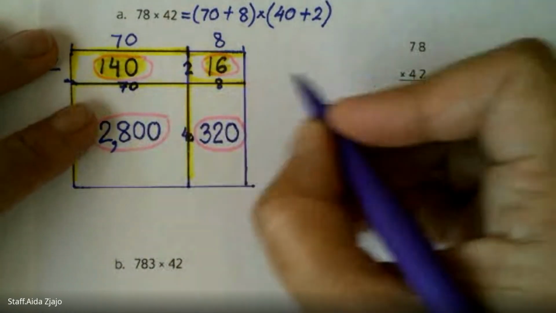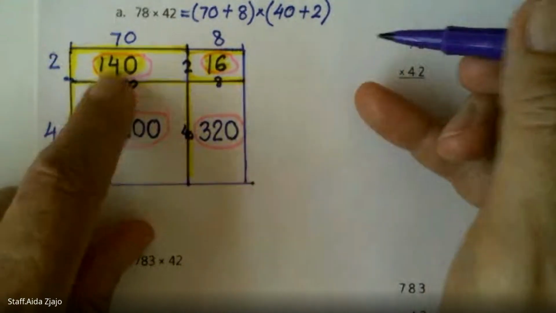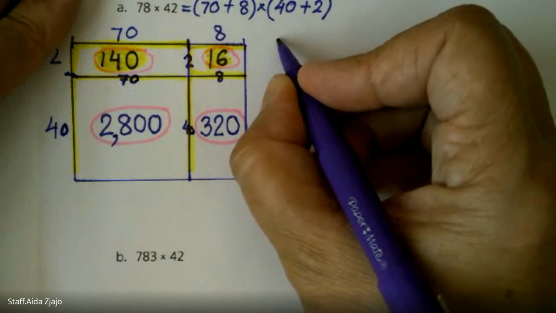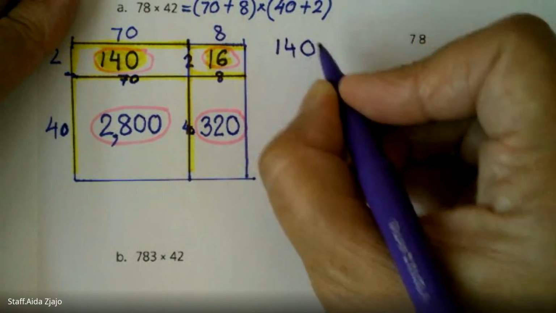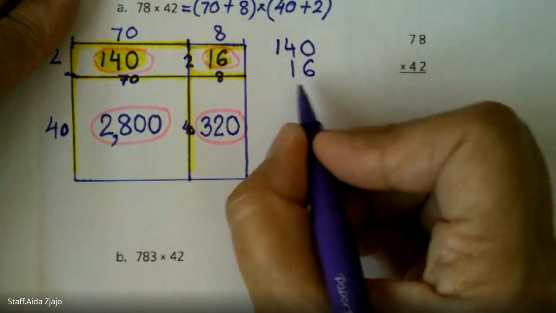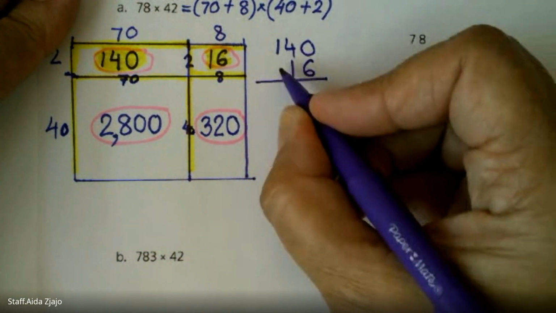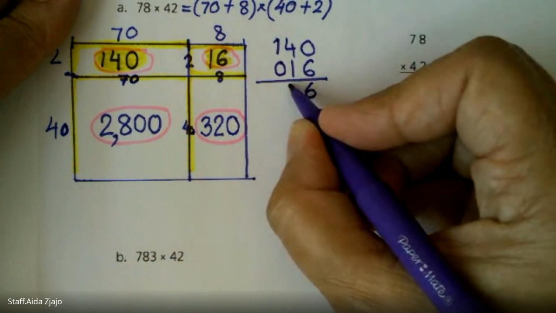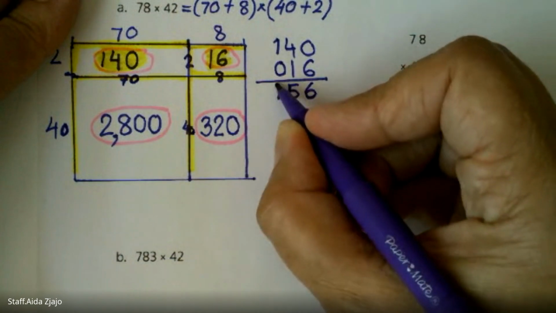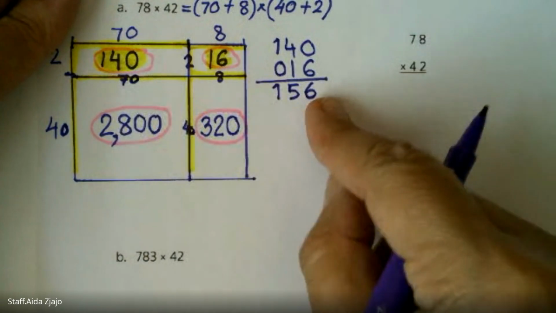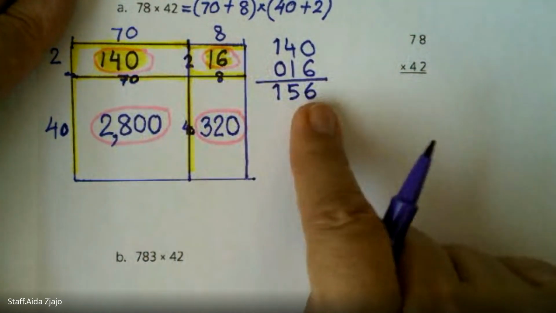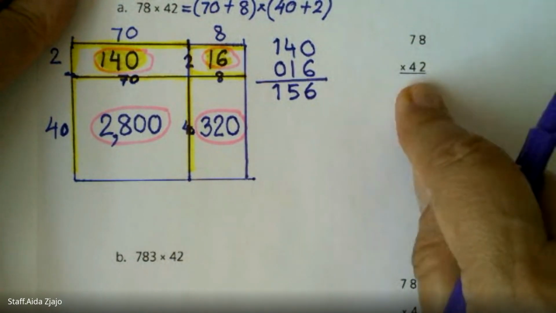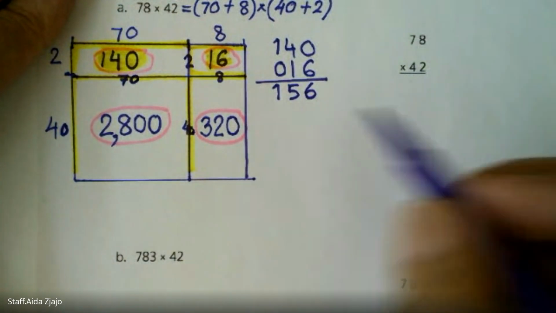So 140 plus 16 is, I suggest you do not make mistakes. So let's write nicely so we can add. 16 does not have 100, so it will be 6, 5, 1. So this area is 150. These two areas represent 156, and that is going to be the first part of the standard algorithm.